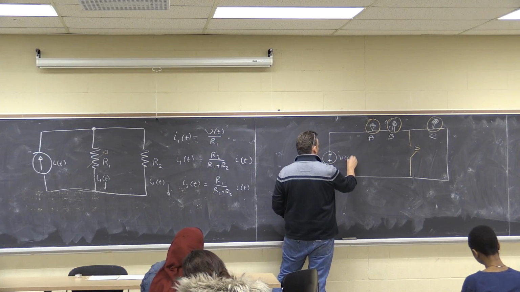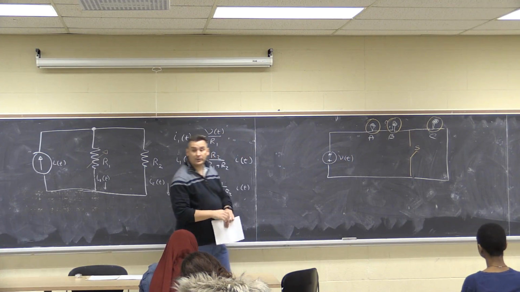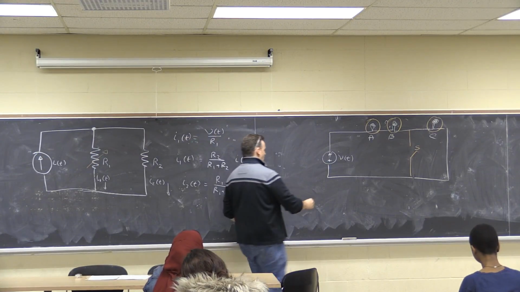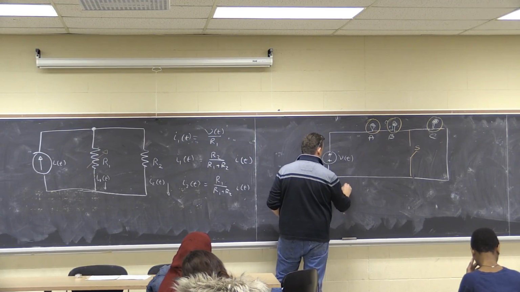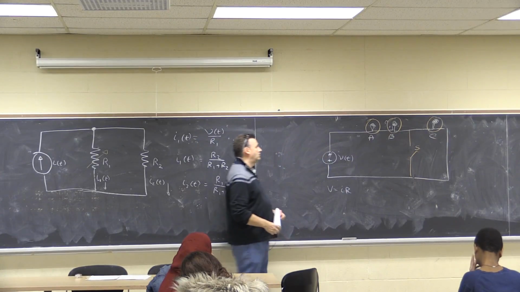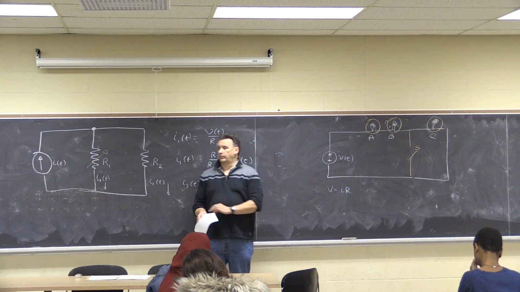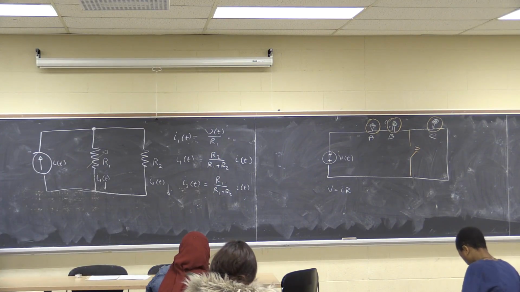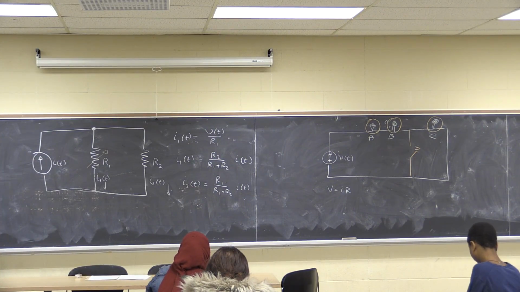Well, this is constant current, so it produces a certain voltage. I know V equals IR. Total resistance of the circuit, the new circuit after I close the switch, is less because I've switched one of them out.